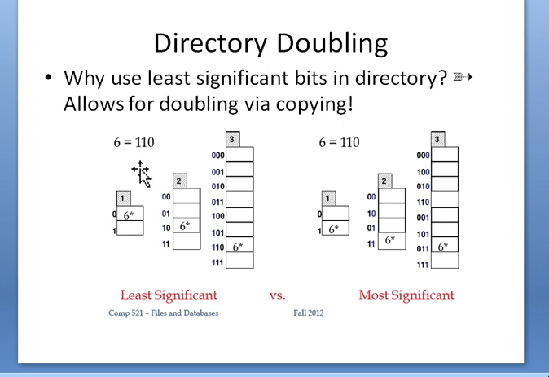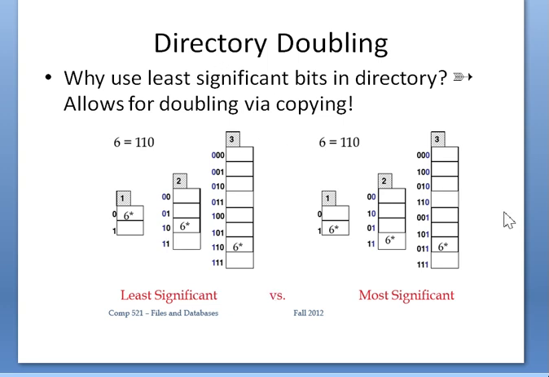How many buckets can I have? 2 buckets, 0 and 1. If I take 2 bits, how many buckets can I have? 4 buckets: 00, 01, 10 and 11. If I take 3 bits, I can have 8 variations.